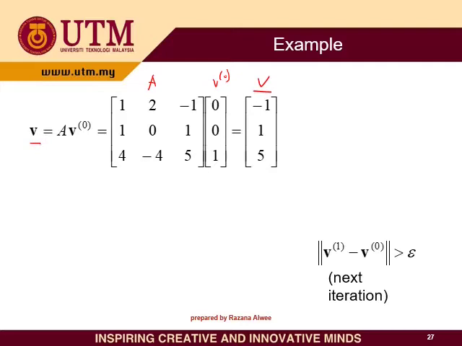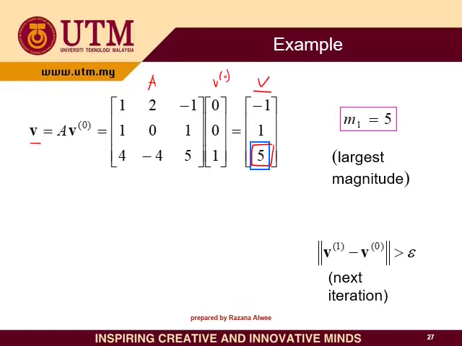Here we have -1, 1, 5. Of course, the largest absolute value here is 5. So we select 5, the largest magnitude, as our M1.